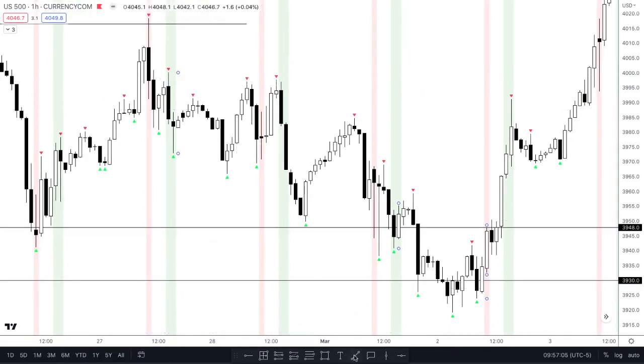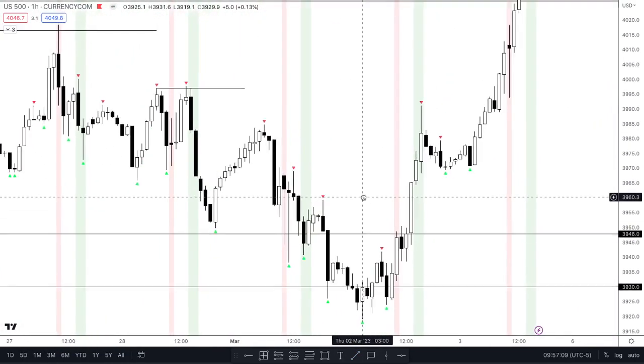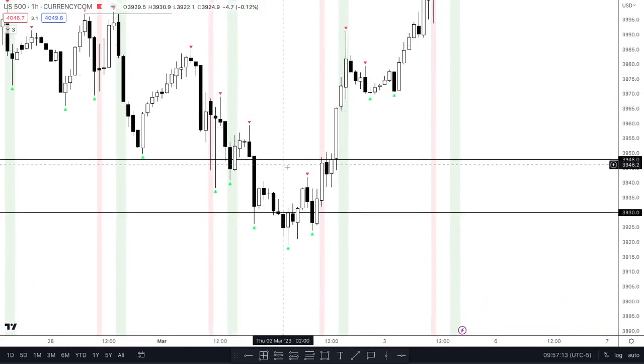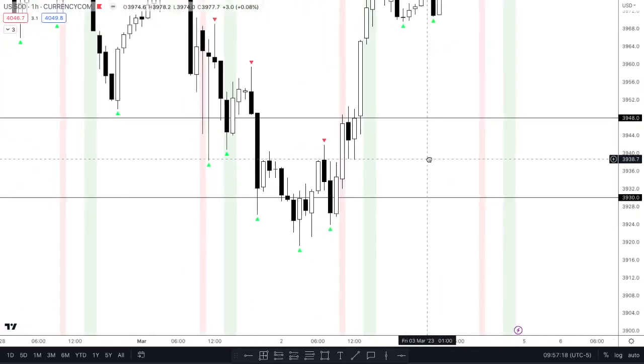Price took out this high, bearish move. So it happened twice, earlier in the week, Tuesday, Monday. So that recency bias messed with me, and then my lack of due diligence.